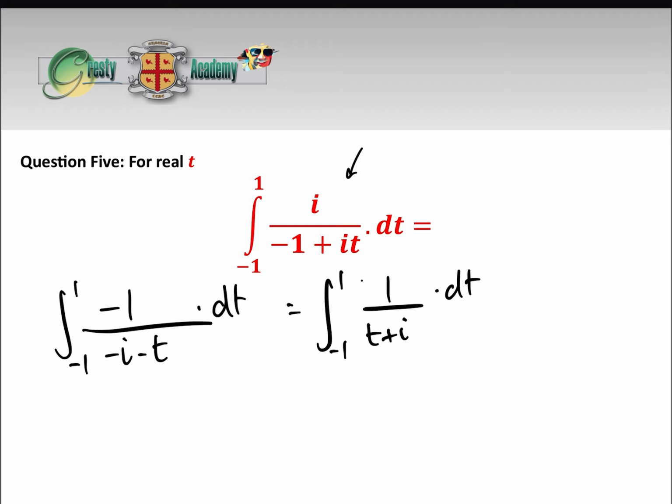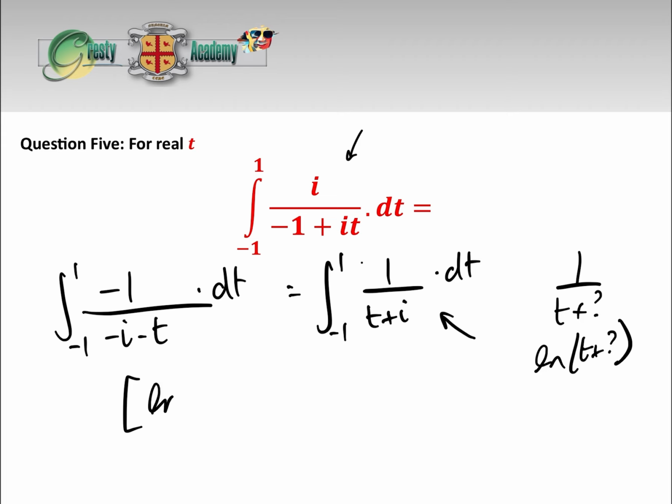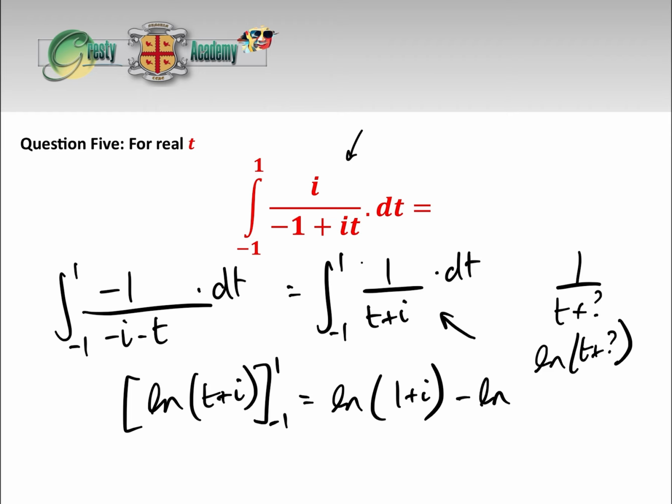Now i, we can just treat it as if it's a normal constant like 2 or whatever, and we can integrate this because we're dealing with the reals, and that will be, well, the integral of 1 over t plus anything is log of t plus whatever, so that gives us log of t plus i between 1 and minus 1, which equals log of 1 plus i minus log of minus 1 plus i.